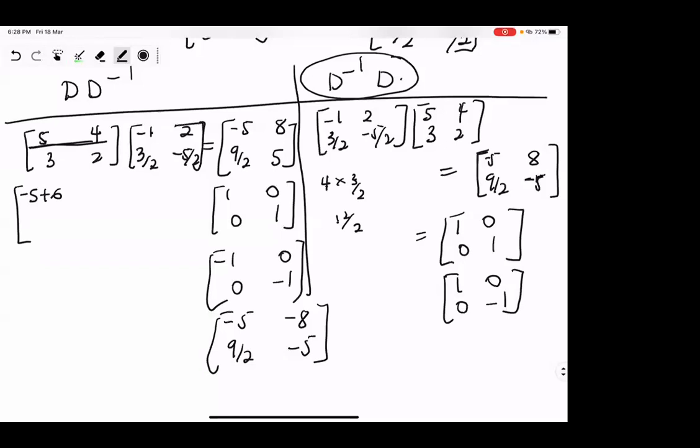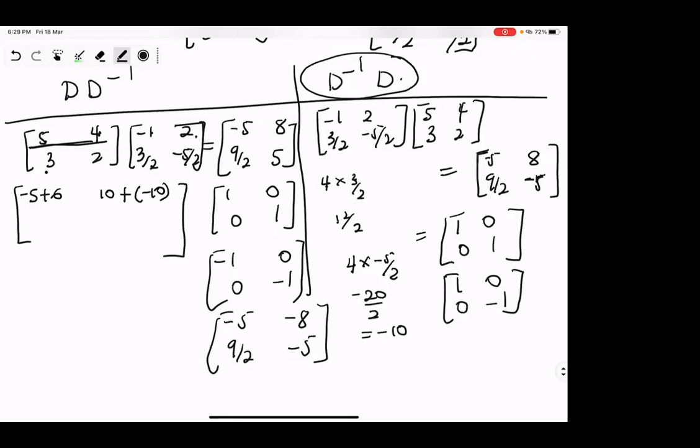We have 5 going to 2, that will be 10, plus 4 going to -5 over 2. So we have 4 times -5 over 2. 4 times -5 is -20 over 2, and -20 over 2 is -10. So we have here -10. Now we pick the second row and multiply by the columns of the second matrix.